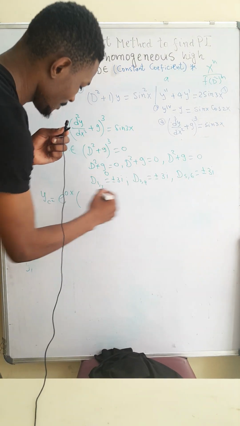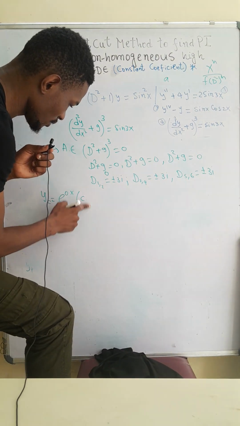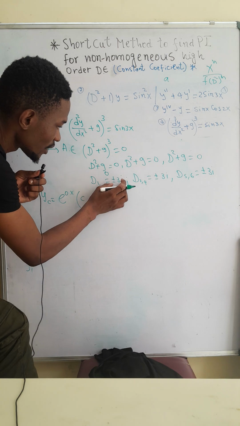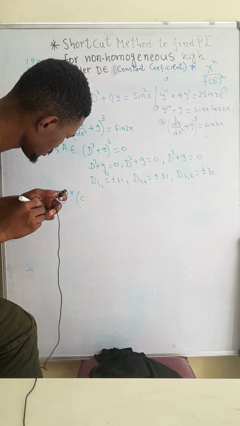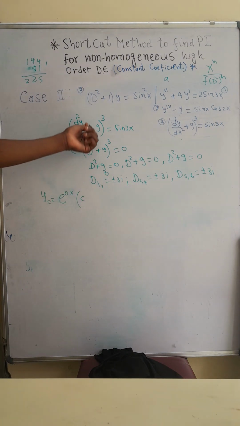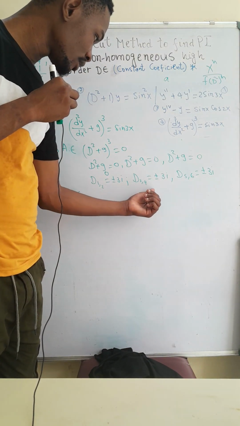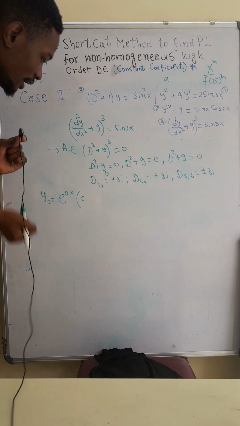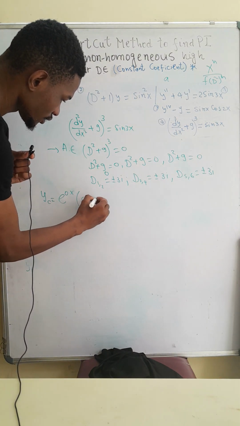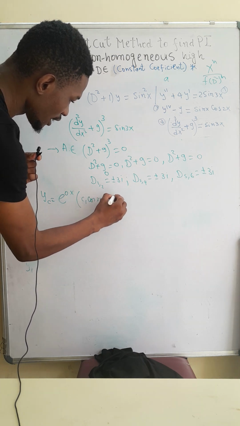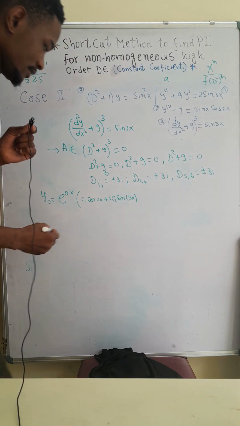If I repeat it 3 times, I can have something like C1 cos of 3x plus i C2 sin of 3x.